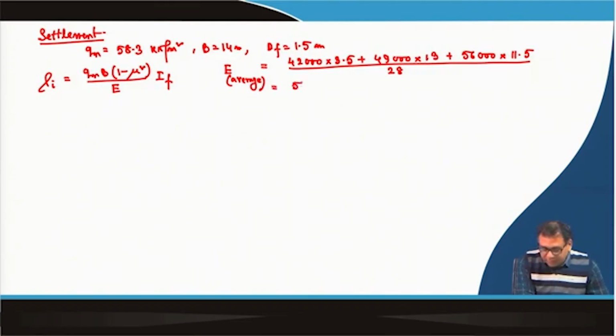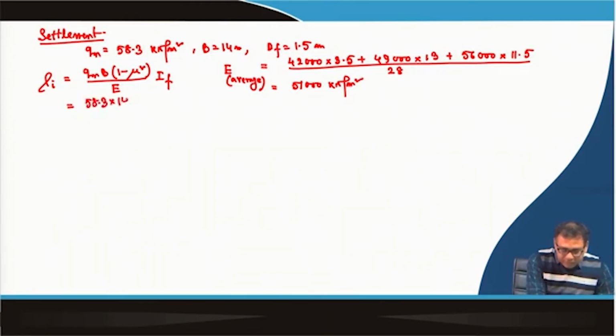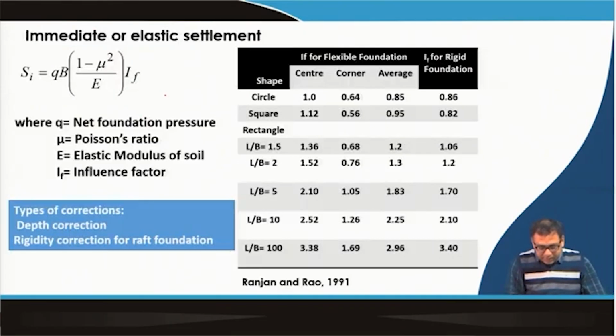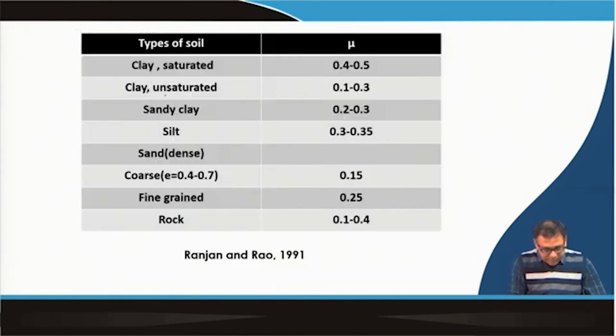So this is 51,000 kilonewton per meter square. Now Qn is 58.3, B is 14 and the mu value is taken as 0.5, because we have the table. From here you will get the mu value.